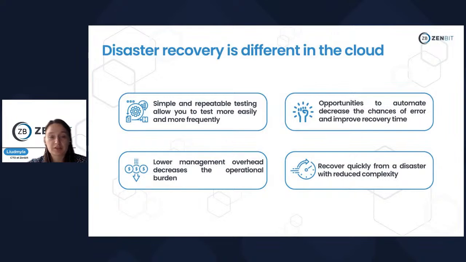The advantages of AWS: firstly, you recover quickly from disaster with reduced complexity. Simple and repeatable testing allows you to test more easily and more frequently. Fourth is lower management overhead, which decreases the operational budget, and opportunities to automate decrease chances of errors and improve recovery time.